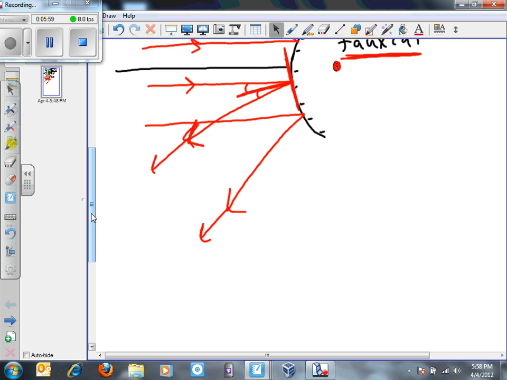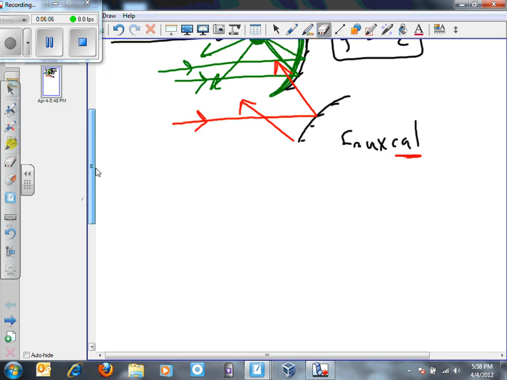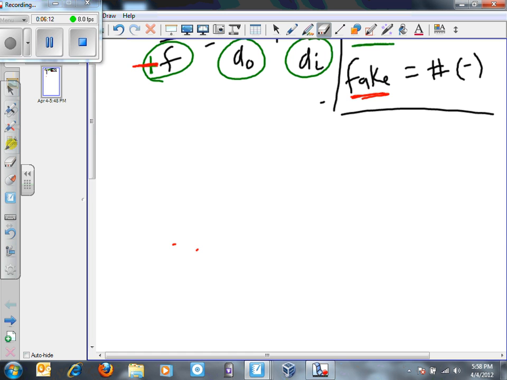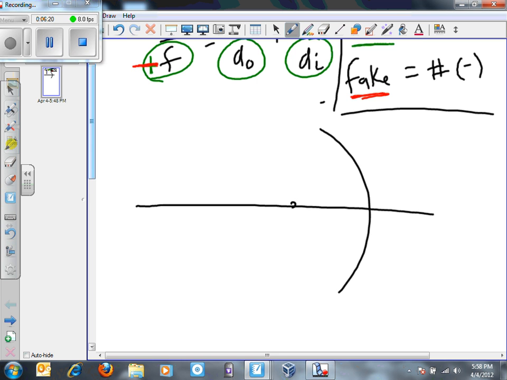Now we have to talk about the convention and what it has to do with the images and the objects. Okay? So this sign convention for the objects is still the same. We have our converging lens, we have a focus, a converging mirror.